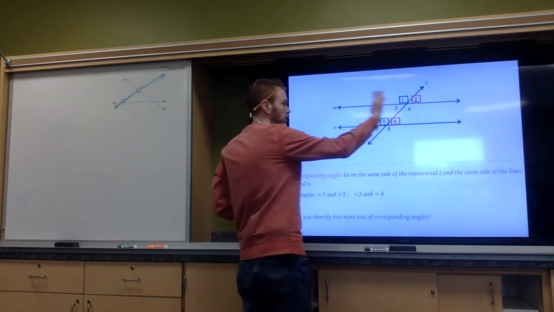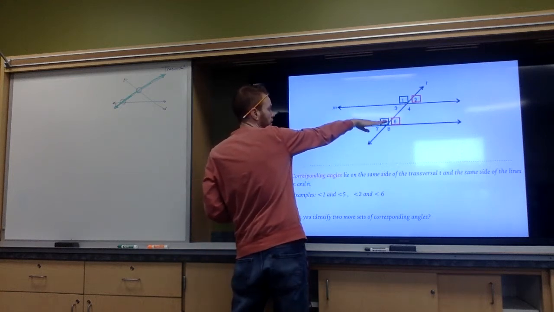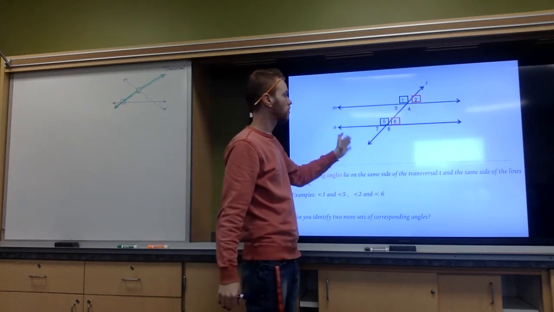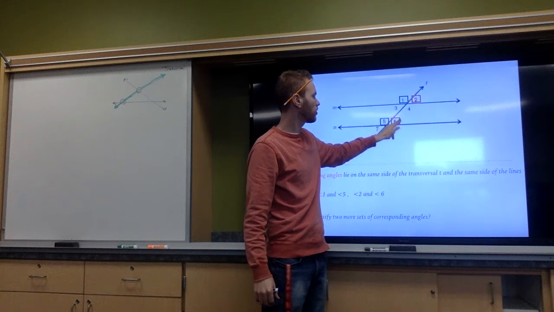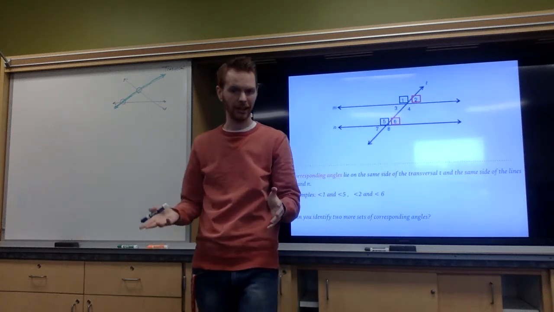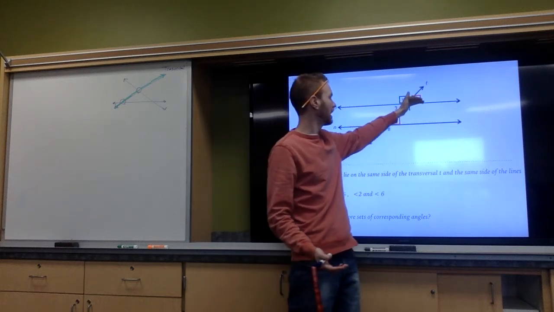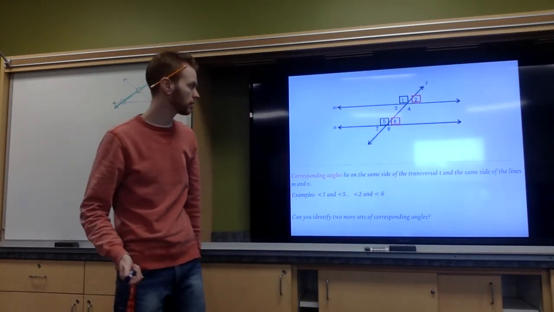They're both to the left of the transversal, and they're both sitting above their respective lines. So that's corresponding, okay? 2 and 6 are the other set of corresponding angles. They're both to the right of the transversal, and they're sitting above those two lines, okay?